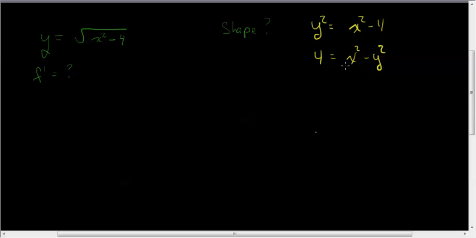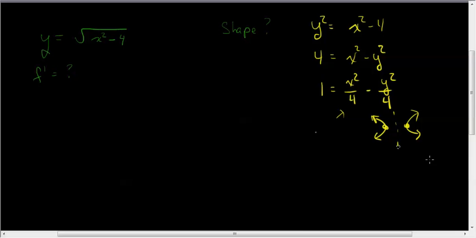So if you remember, we want this set equal to 1, so I'm going to divide everything by 4. So I get x squared over 4 minus y squared over 4. You should recognize that as a hyperbola, right? That's a hyperbola with vertexes. It's opening sideways because the x squared is positive, so I know it's opening sideways, left and right, and the vertex is at 2, 0 and negative 2, 0.